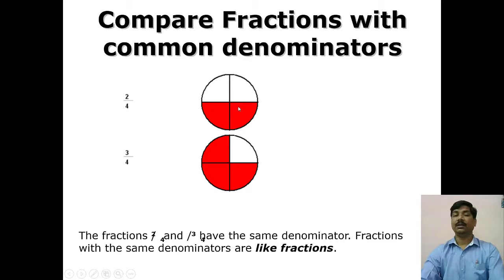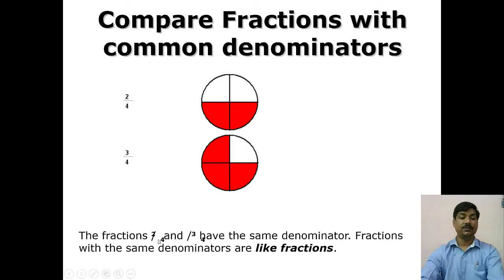From the picture, it is clear that here two parts of the whole are colored, and here three parts of the whole are colored. So obviously there is more colored part in this fraction. So the fraction 2 upon 4 will be less than the fraction 3 upon 4.